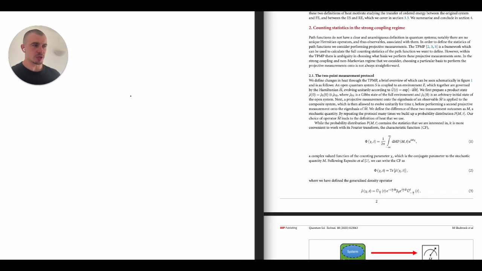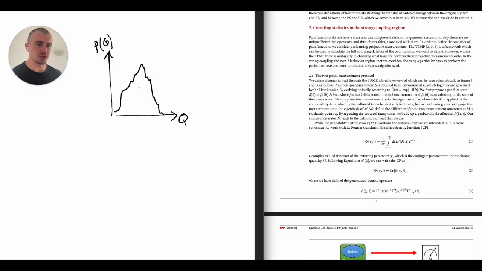So section 2 of this paper considers counting statistics in the strong coupling regime. And the first thing that we need to understand is the 2-point measurement protocol, which is section 2.1. But essentially the issue that we have is that we want to gather some information about how much heat Q is transferred between the system and its environment, and that is going to be described by some probability distribution, P of Q. Alright, so let's assume that it has some arbitrary looking shape.